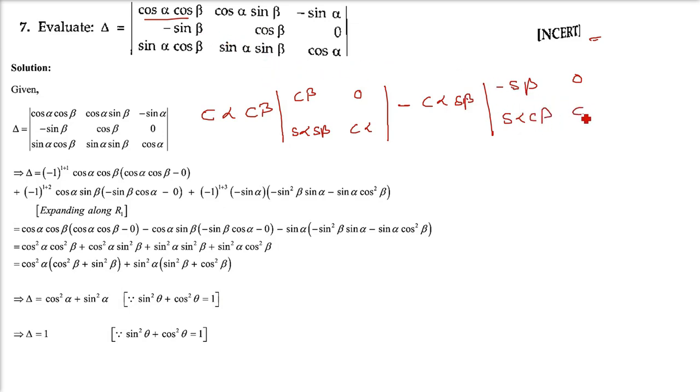This is going to be cos alpha, plus minus sin alpha, so I am writing it as negative, and this is going to be minus sin beta, and cos beta, this is going to be sin alpha cos beta, and here sin alpha sin beta, sin alpha sin beta, right?